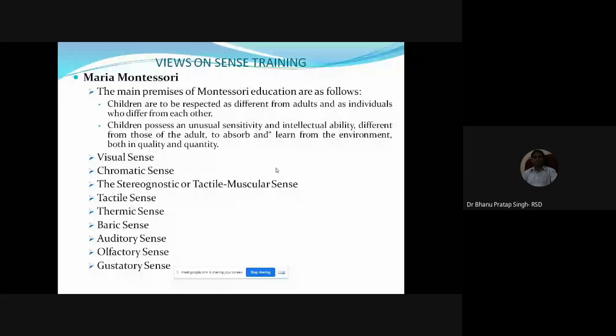Stereoscopic or tactile muscular sense is related to skin and touching. Balance sense, auditory sense, and so on. So these are the senses by which the child understands and learns in the kindergarten, in the Montessori school.